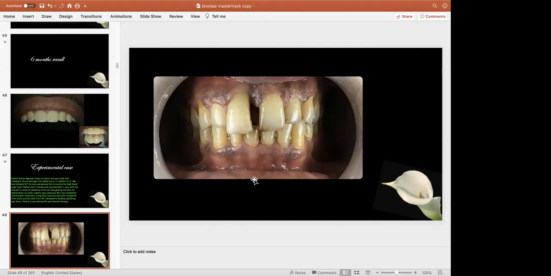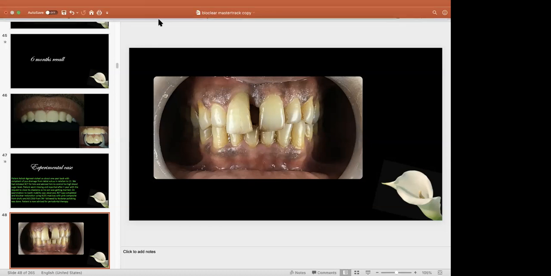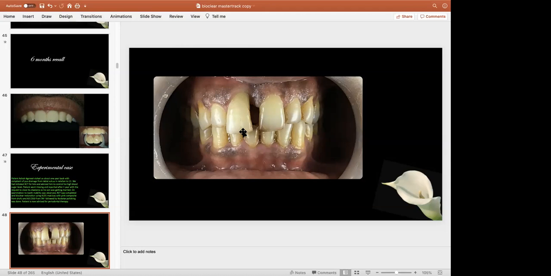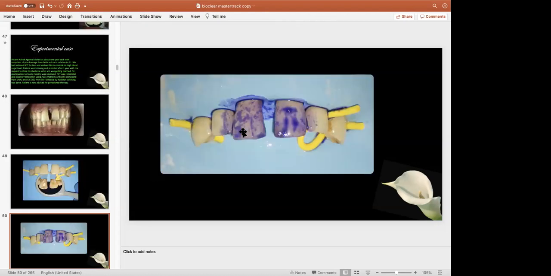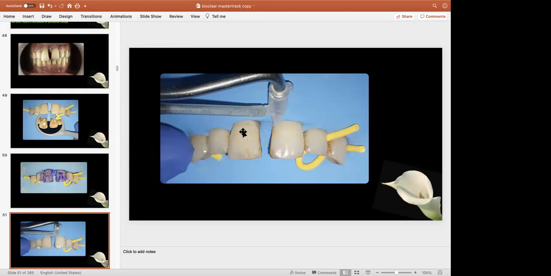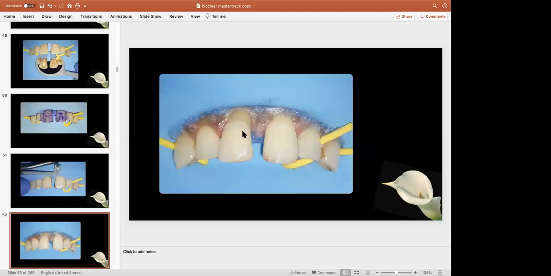But he came back because his son was getting married just next week. But I would not dare to give a crown to him in this condition because I was not sure about his periodontal health. So we completed his root canal, we did the blasting, and that's how I could not get the proper retraction. So I had to split them in this case.